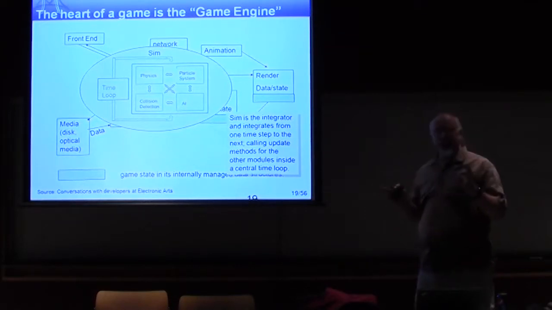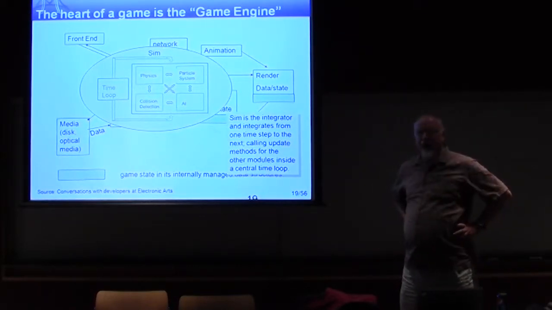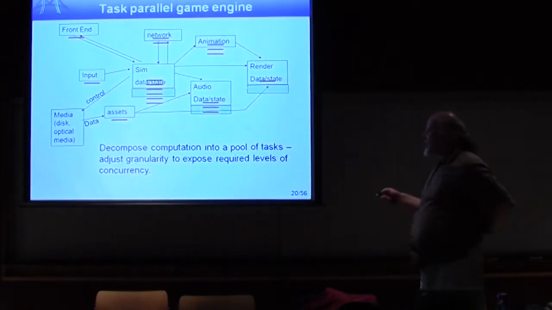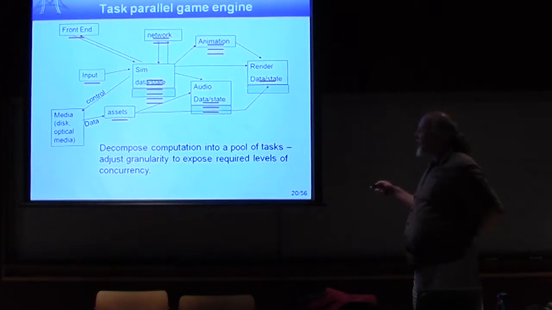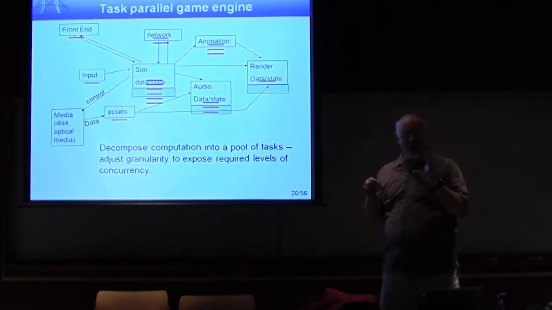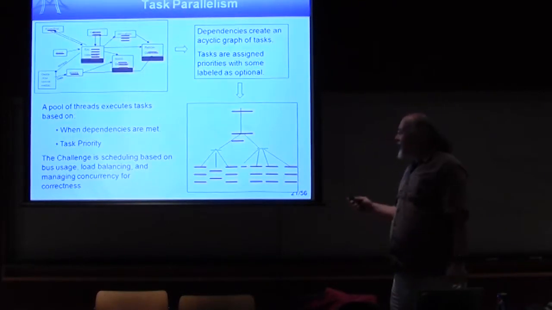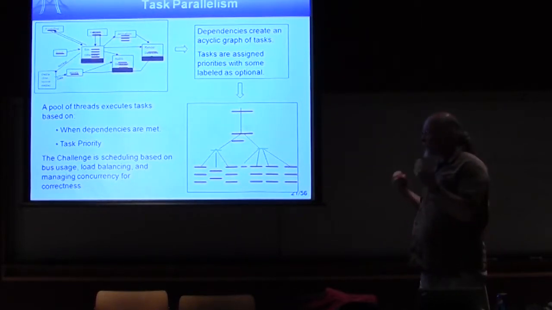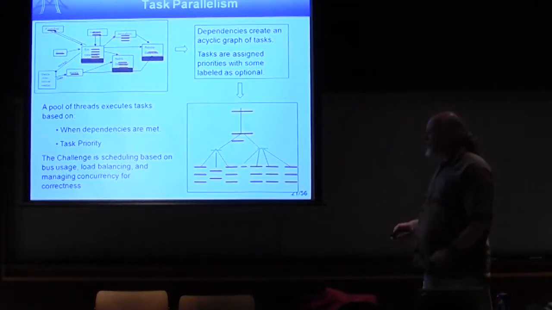Now, this is the high-level architecture of this game. This is really it. Now, how that executes is these each get decomposed into a pool of tasks. That is, they create little units of work that need to get done with a certain priority, and then these tasks are put into a pool, as we'll see in lower levels of the pattern language.